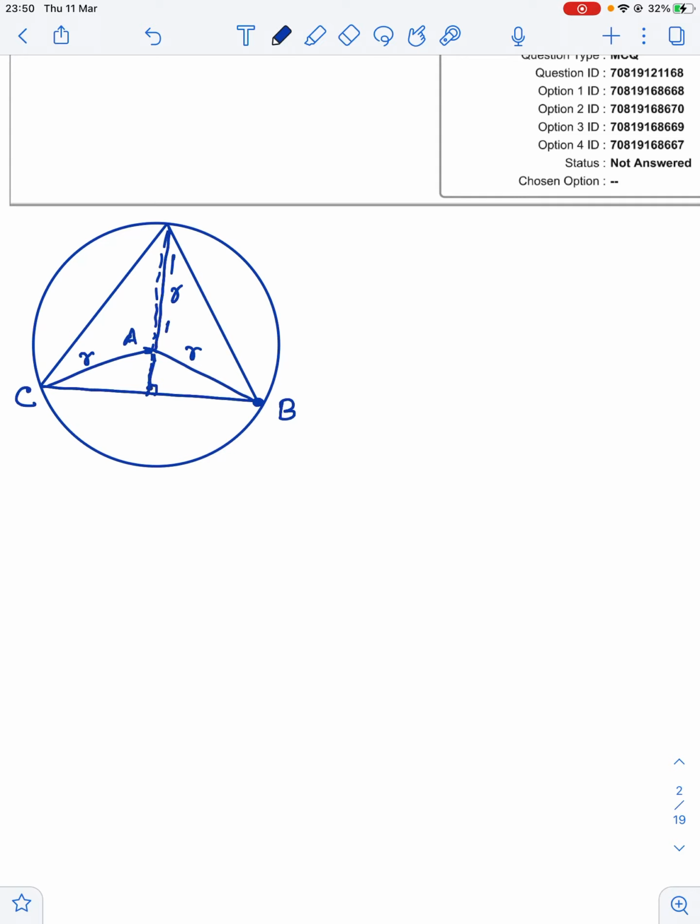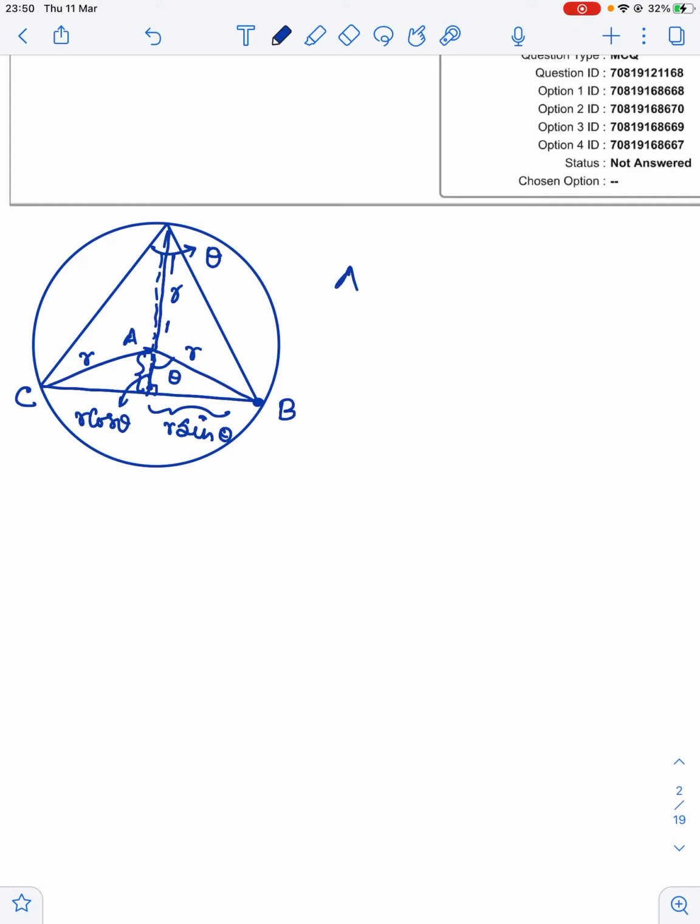Let us say BAC is 2 theta, that means this is theta. So when this is theta, then the upper vertex angle is also theta. Now this length is r sin theta, and this length is r cos theta.